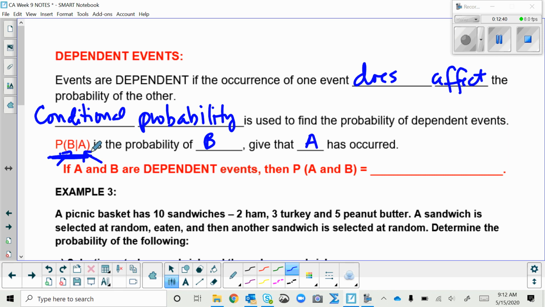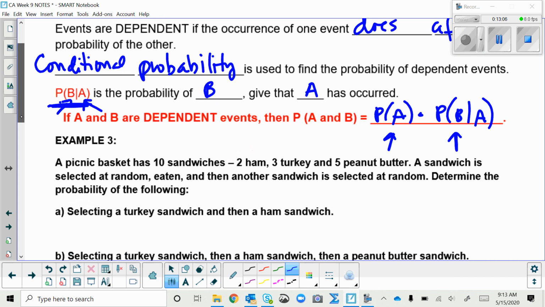And if A and B are dependent events, then the probability of A and B is the probability of A times the probability of B given that A already occurred. So A happens first, and it affects the probability of B happening after it.